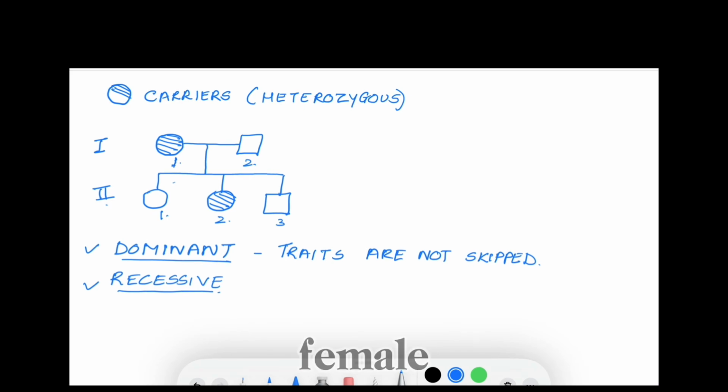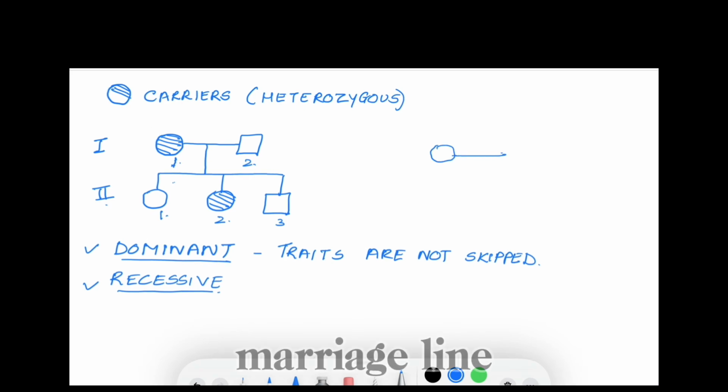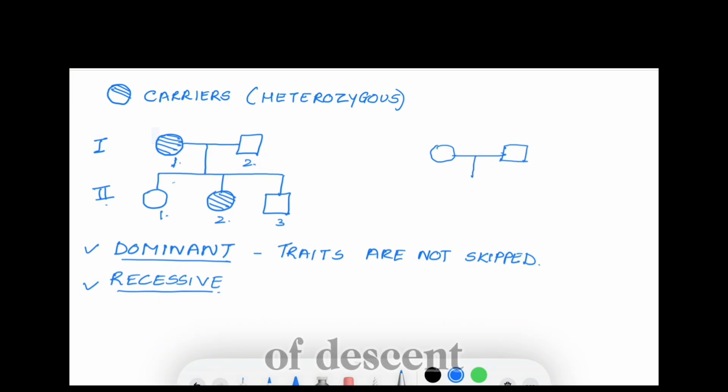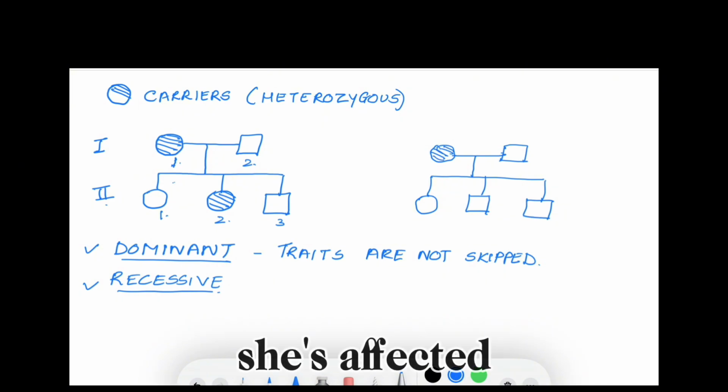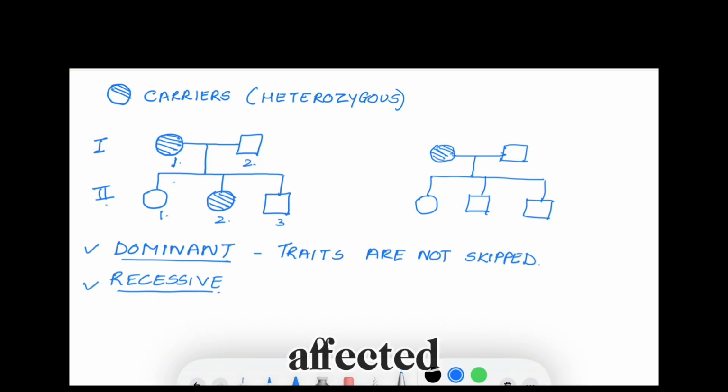So here is a female, marriage line, male, line of descent, sibling line, one girl, and let's make 2 boys. And if we say she is affected and none of her children are affected, we see in generation 1 the trait can be seen, but in generation 2 the trait is not seen.